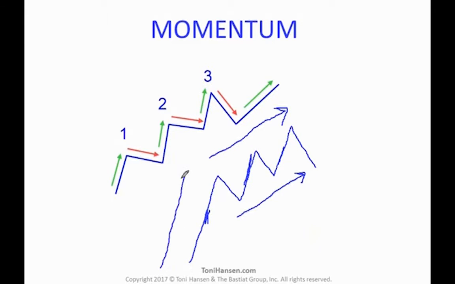So this is changing momentum, even when the smaller time frames look like the momentum might be the same. We're looking at momentum in several ways: how it changes in a larger impulse move, as well as how it changes on the smaller time frames.